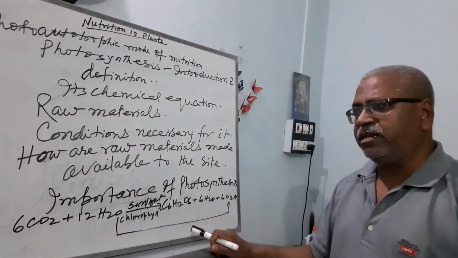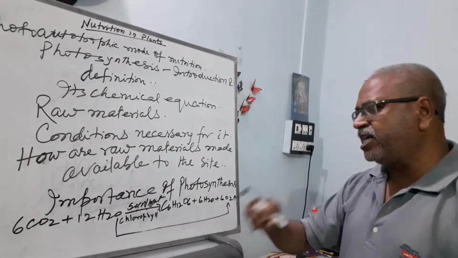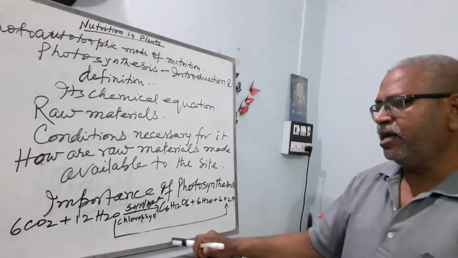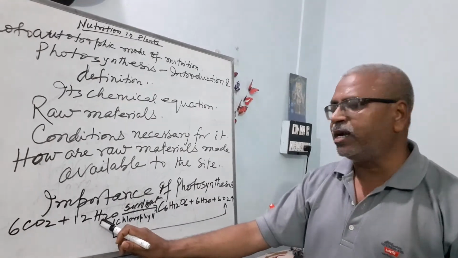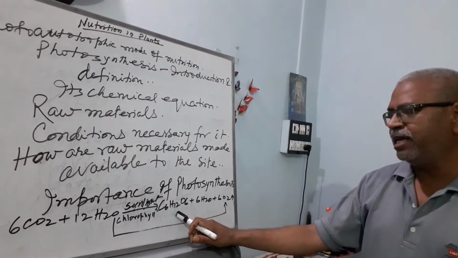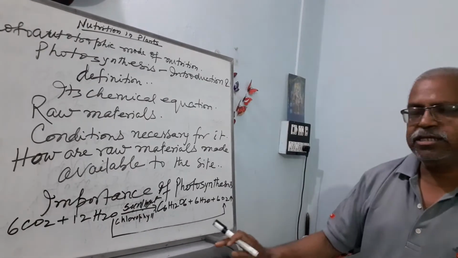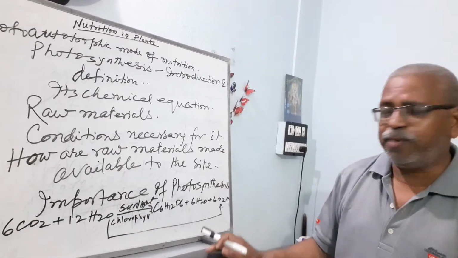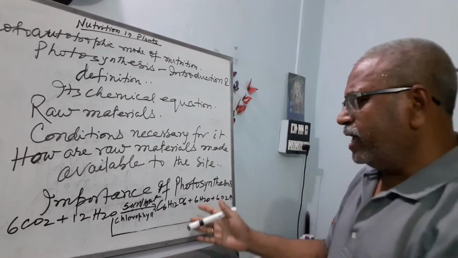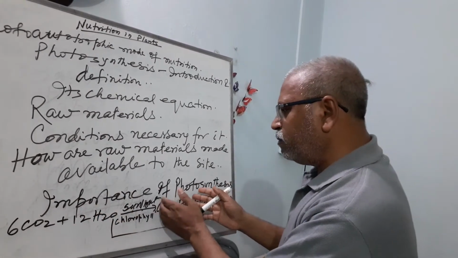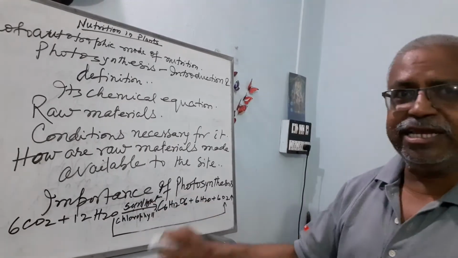a biochemical reaction as well as an oxidation reduction reaction in which carbon dioxide gas is reduced with the hydrogen of the water to form glucose, and in that process oxygen is evolved as byproduct. Now you can see, for the formation of the chemical bonds of the glucose, energy of the sunlight is utilized.